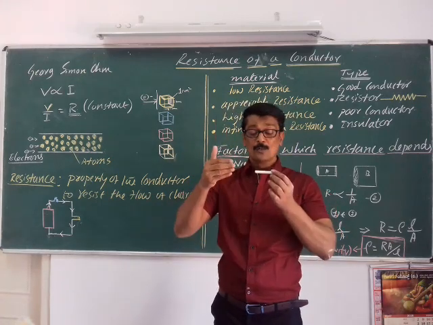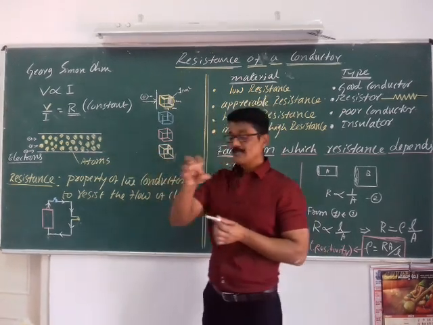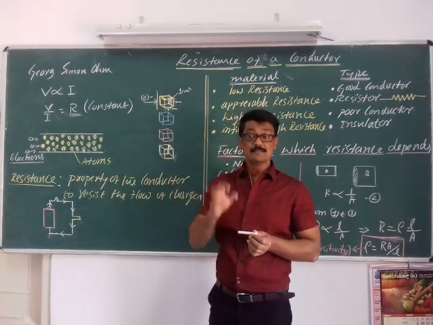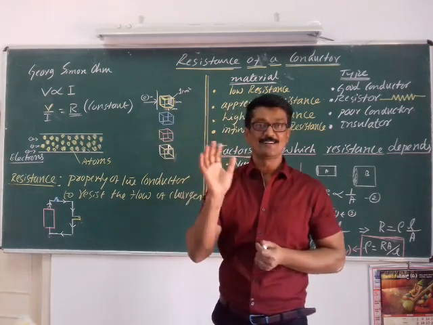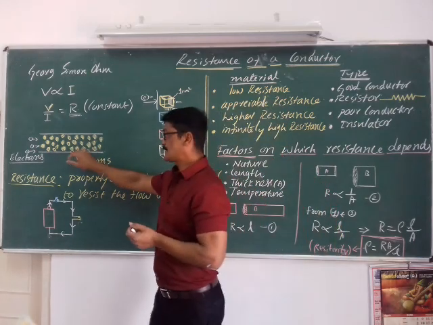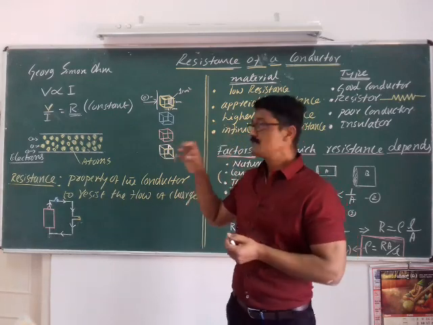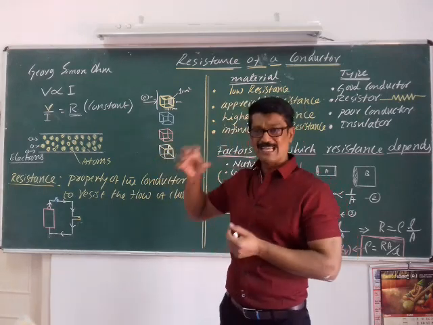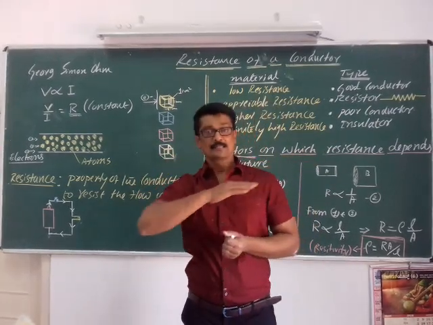What happens when the electrons start moving? The atoms attract the electrons. This attraction limits the flow of the electrons. That attraction between the atoms and the electron obstructs the flow of the electrons. That means electrons need to struggle to pass through the conductor.